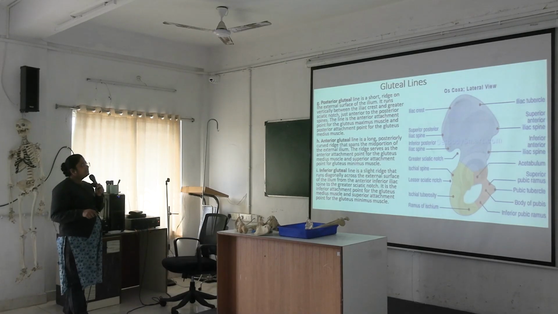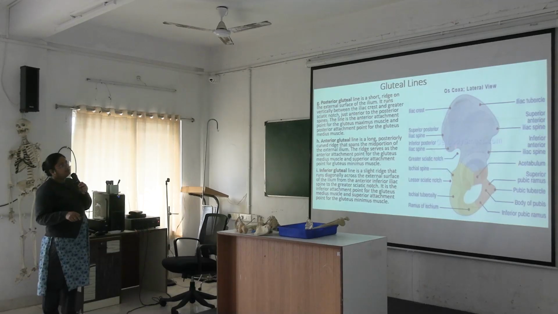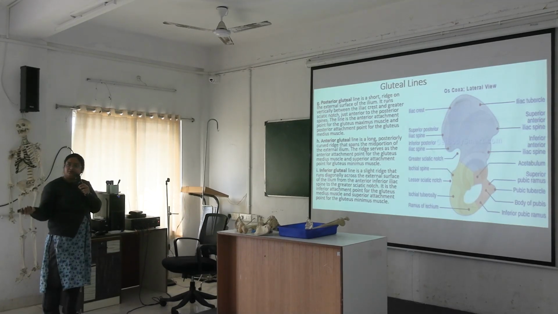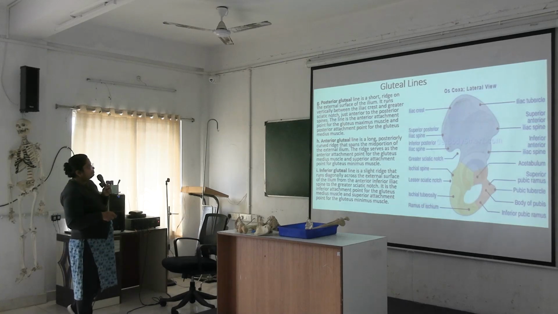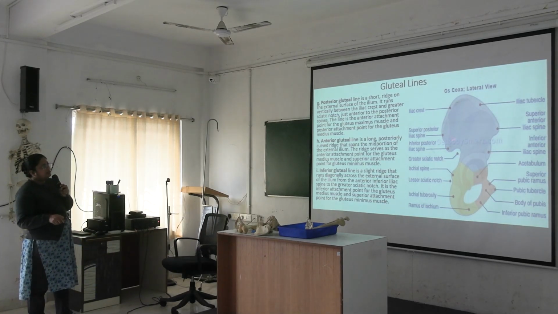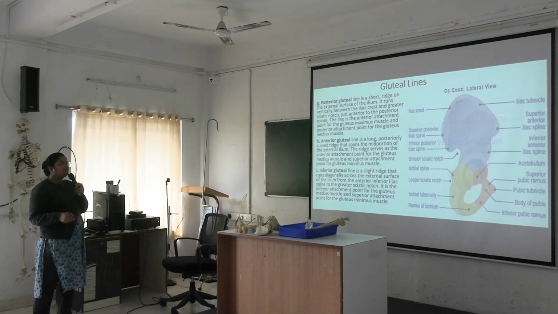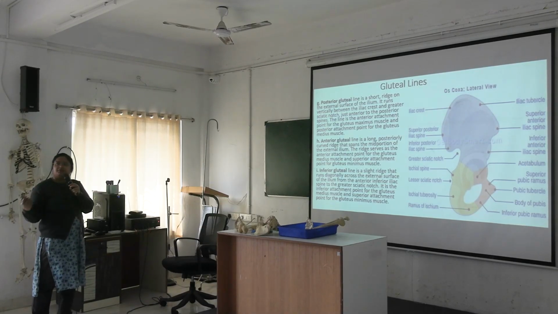Posterior to this line, this area gives attachment to the gluteus maximus. The area between the anterior and posterior gluteal lines is the attachment of gluteus medius, and between the anterior and inferior gluteal lines is the gluteus minimus.